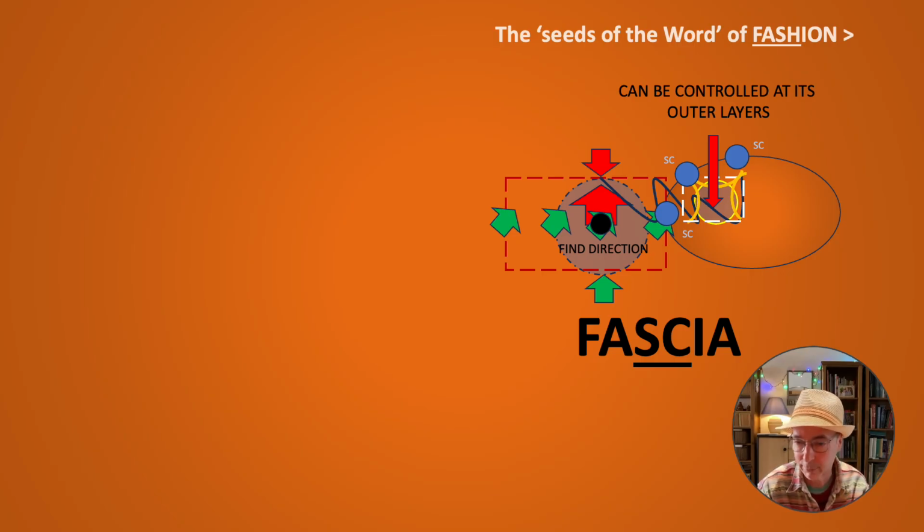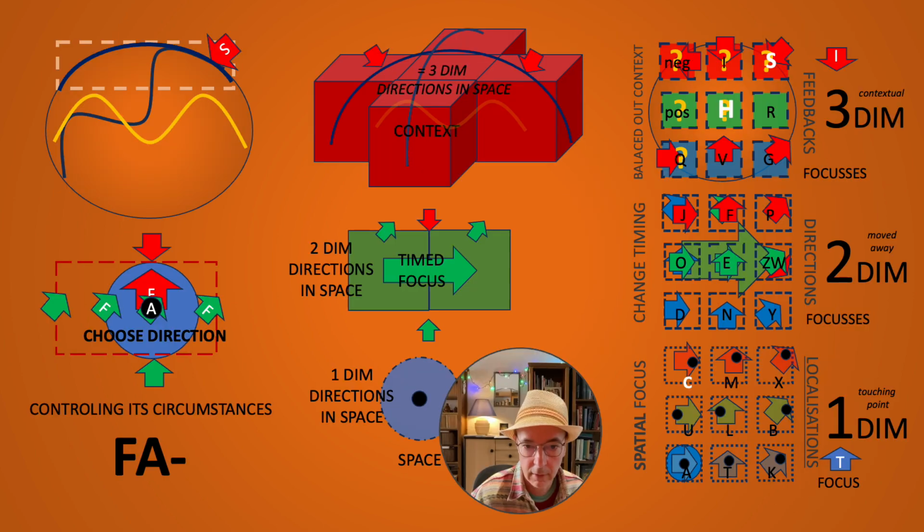The next examples are more simple, so if you almost give it up, don't go away. The next ones are simple. The only reason why I included this example of fascia is because I found out why I couldn't combine it very well for the word fashion.